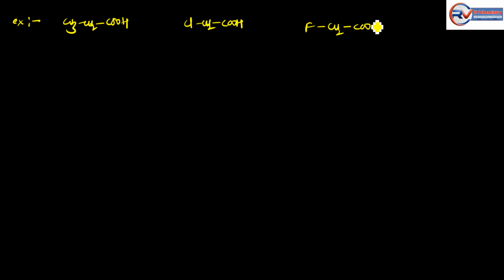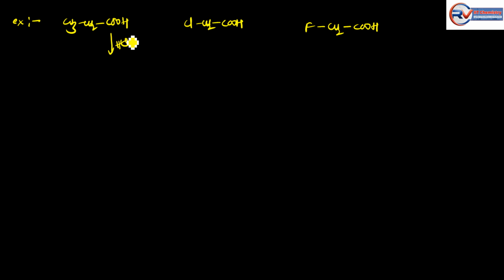Here the CH3CH2 group is a plus inductive effect group. Cl is a negative inductive effect group. Fluorine is also a negative inductive effect group.